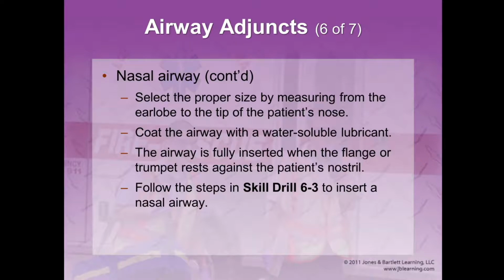They should come with lubricant. Use that if you have it. If not, in past practice as a paramedic, I've used people's own saliva or blood, depending on what you have available to you, as a lubricant.